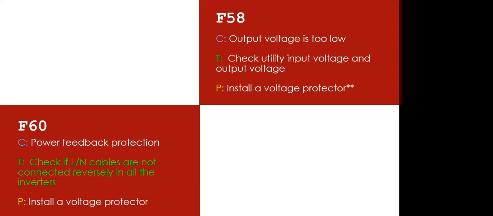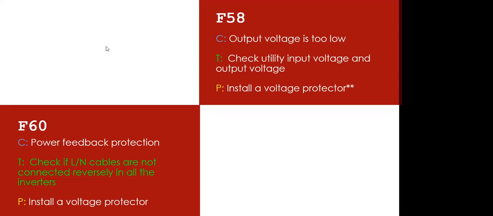So like F50, F72 is when your output current is different. So you will experience the F72 fault. In this case, what you need to check is the current sharing cable.